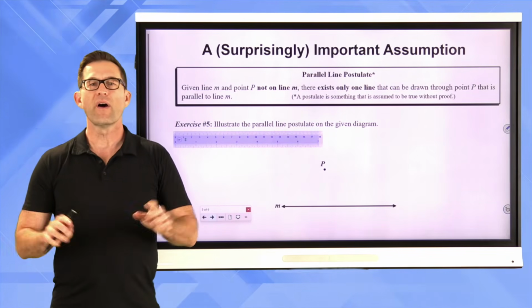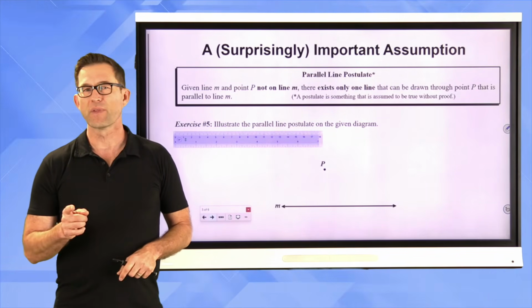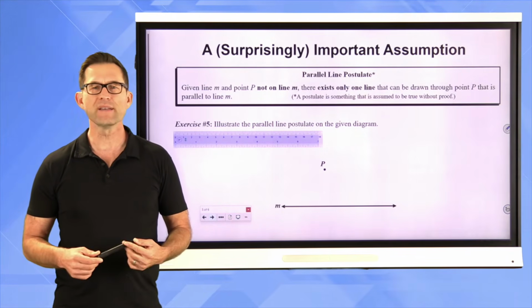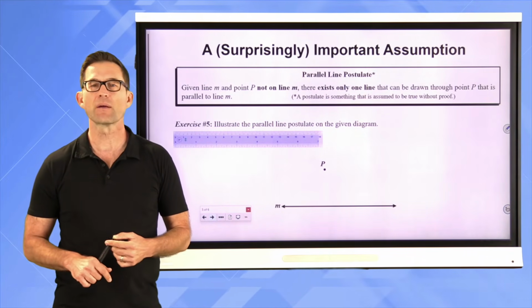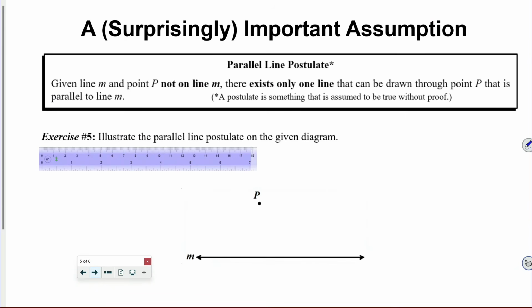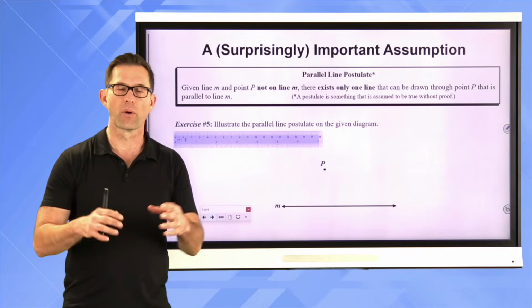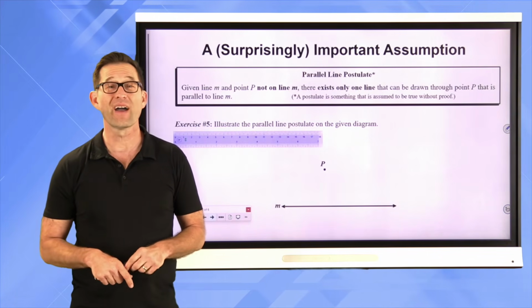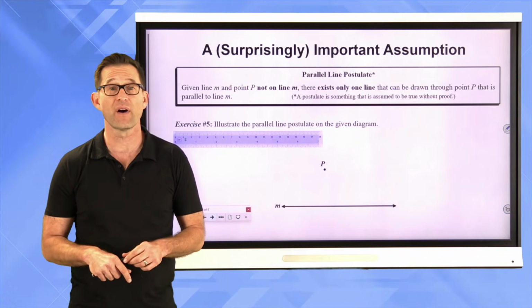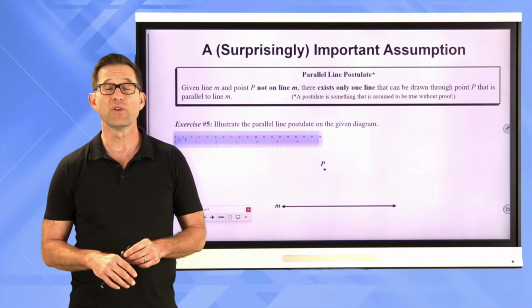All right, so let's keep going. Let's talk about one final thing having to do with parallel lines, at least for the moment. A surprisingly important assumption. Let's talk about the parallel line postulate. Given line M and a point P not on line M, there exists only one line that can be drawn through P that is parallel to line M. So when geometry was originally formalized, it was about 2,500 years ago, by a guy named Euclid.